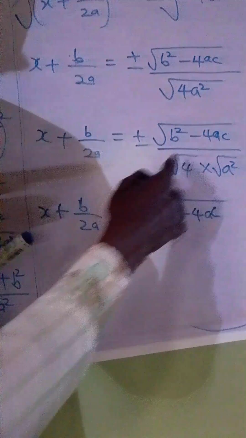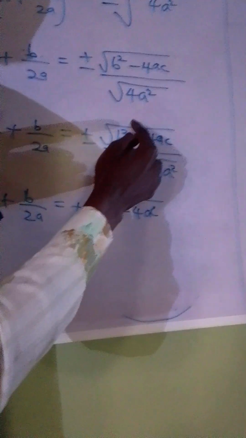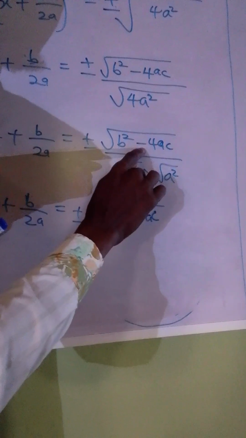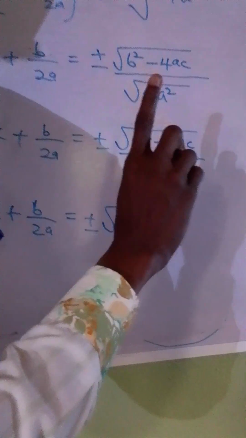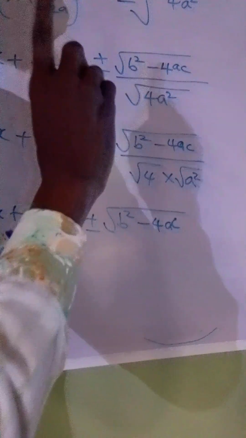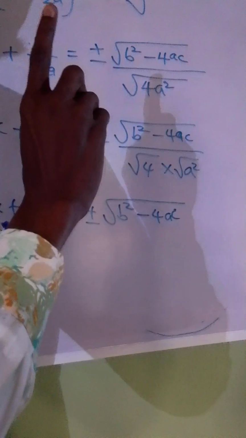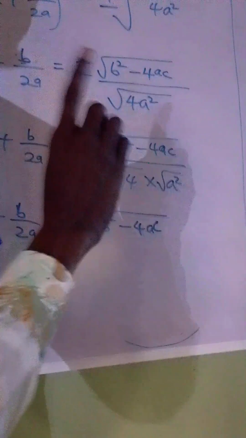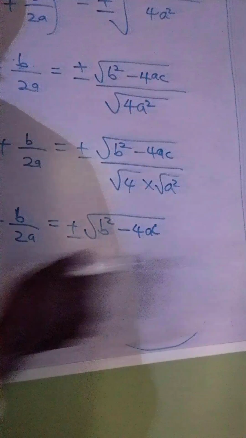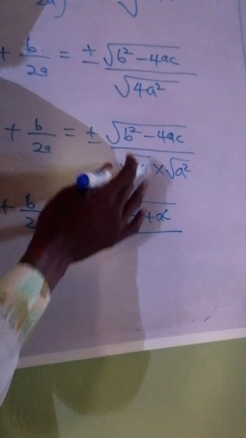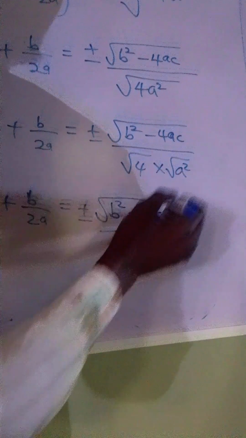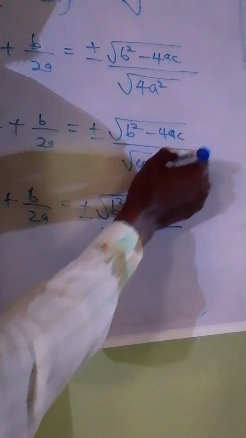Now one will be wondering, why didn't I also do the same thing here by splitting this? This is minus, so this expression is one quantity, so you cannot split them. Alright, over, then square root of 4 is what? 2 times square cancels root.